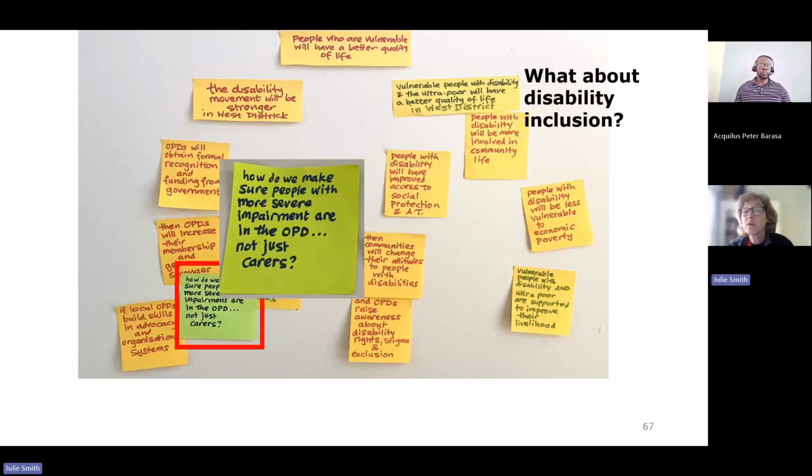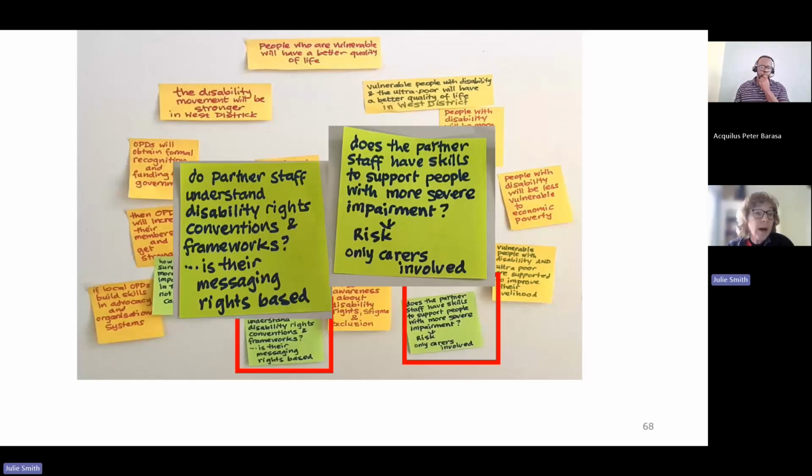What about disability inclusion? How do you make sure that people with more severe impairments are involved in the OPDs and not just the carers? Something that we find in a lot of projects. What strategies do we need to take there? Do partners, for example the partner staff, understand about disability rights, the rights-based approach, disability conventions?